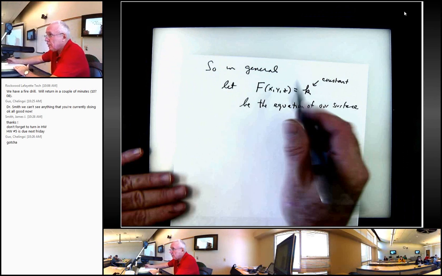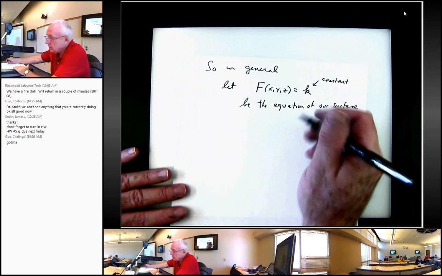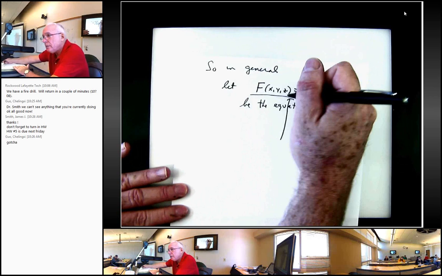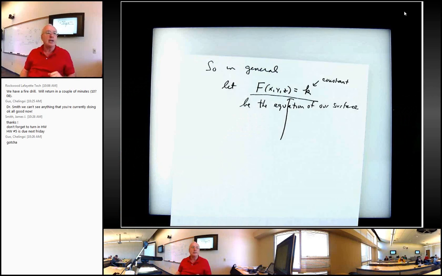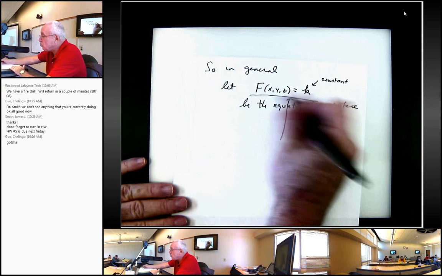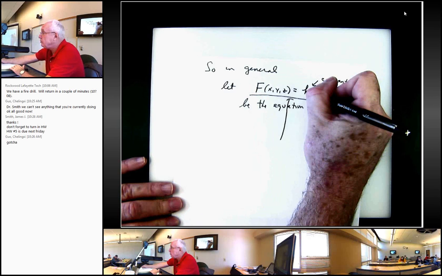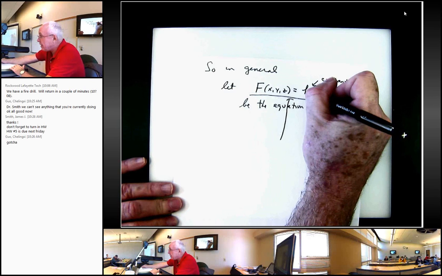The last thing I want to point out here is this. Look at this equation right up here. We have variables on one side, but on the other side, all we have is a constant. We can look at this as a level surface of the function capital F. In other words, this is where this big function capital F only equals this one constant value.